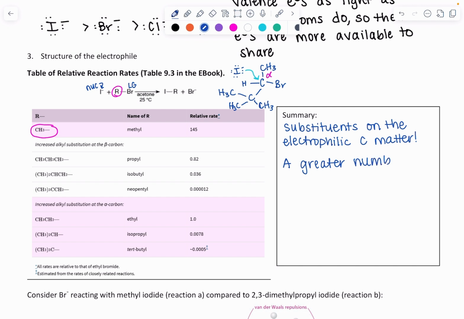A greater number of substituents that are not hydrogen, or we can say more branching.